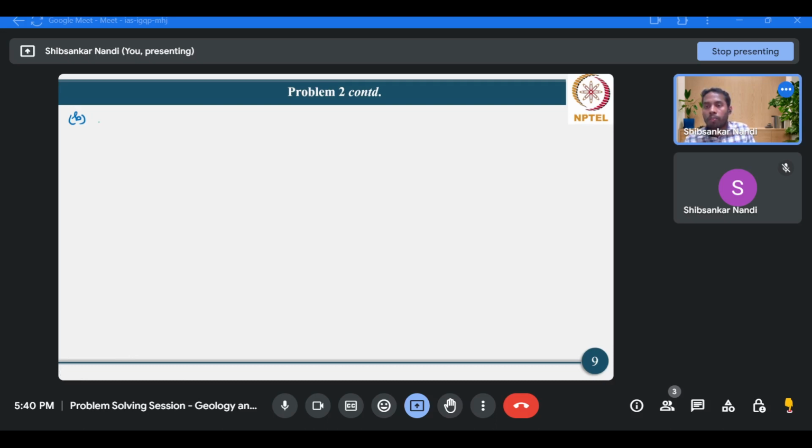So therefore, we have to first calculate the percentage of consolidation, and it will be the settlement at a specific time divided by the expected final settlement multiplied by 100.